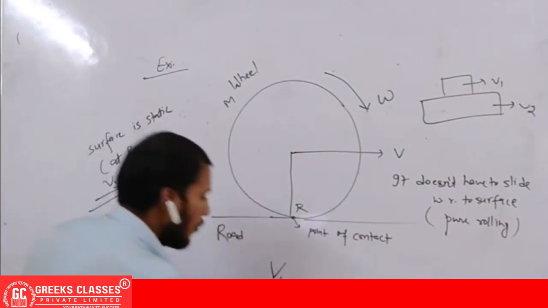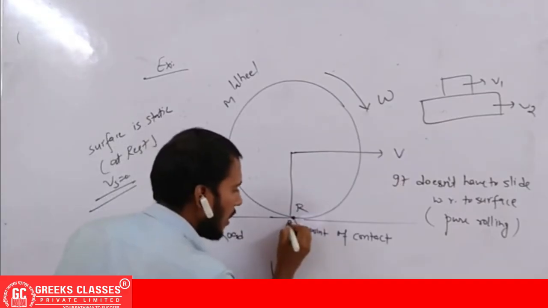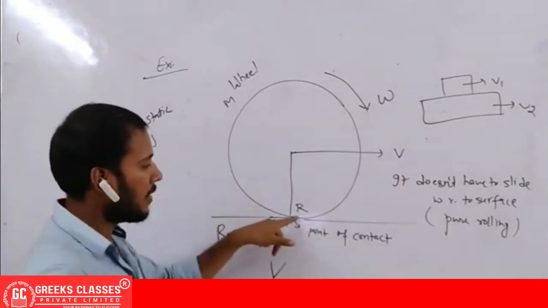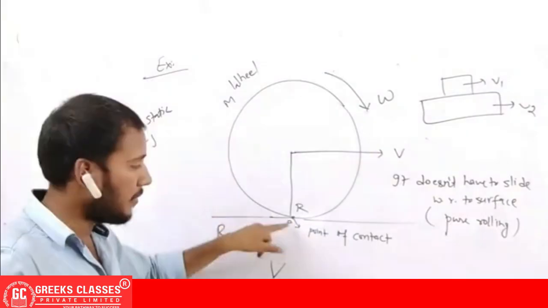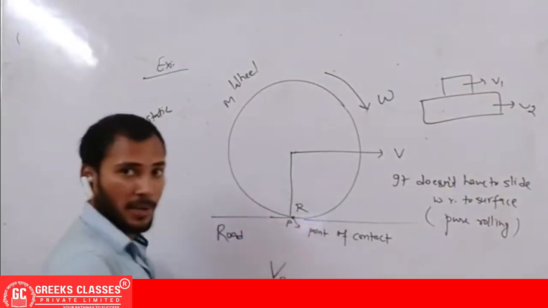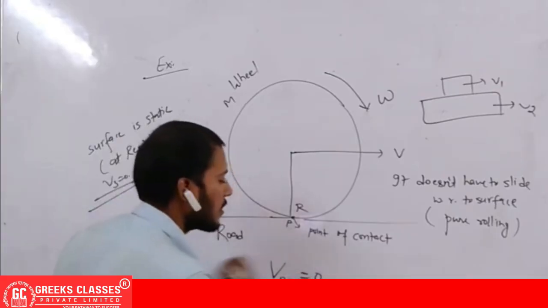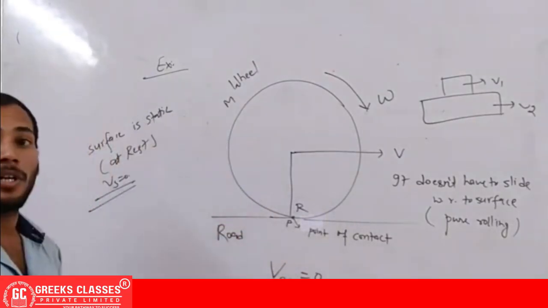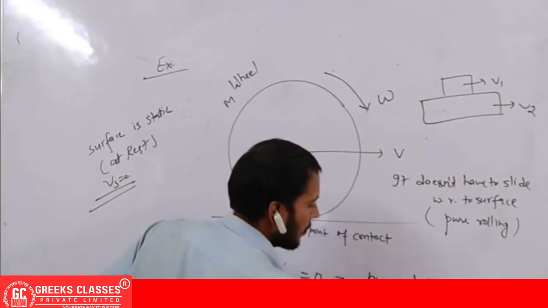Let's say this is point P. If there is no sliding at this point, that means the velocity of point P, not the whole body, with respect to the surface should be 0. That means the velocity of point P with respect to the surface should be 0, and this is the condition for pure rolling.